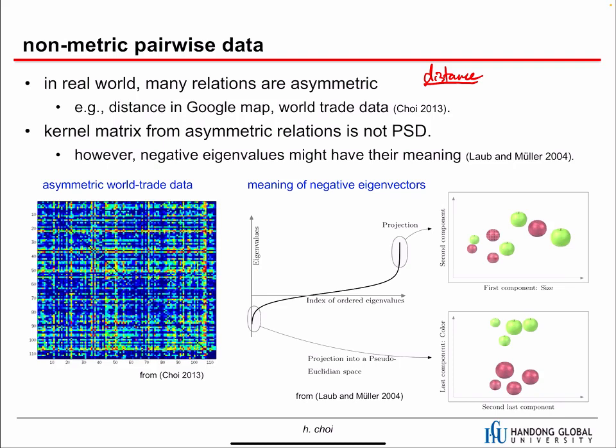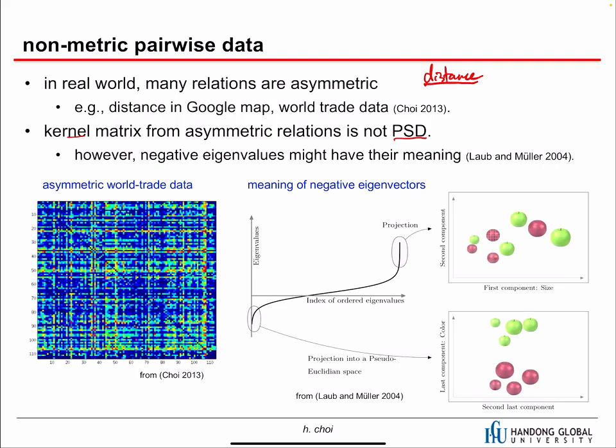But if the kernel matrix or inner product matrix is not positive semi-definite, then the distance is not a distance. But in the real world, we have this kind of case a lot, as I said. And again, if the kernel matrix is not positive semi-definite, the distance is not a distance, and it means it is broken mathematically, in theory.